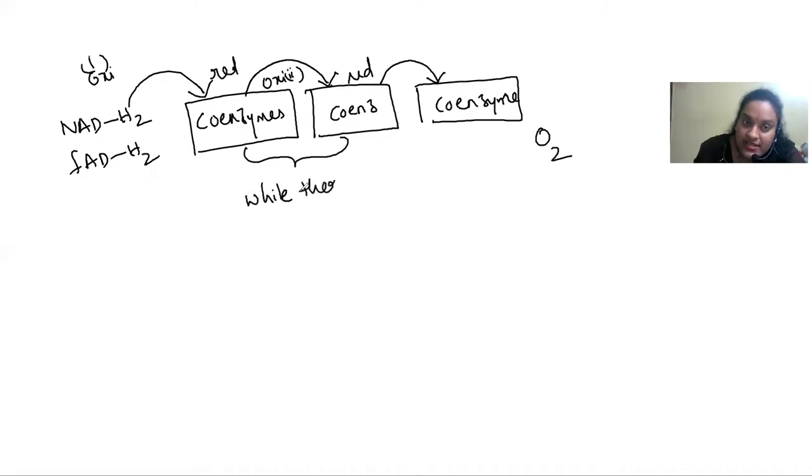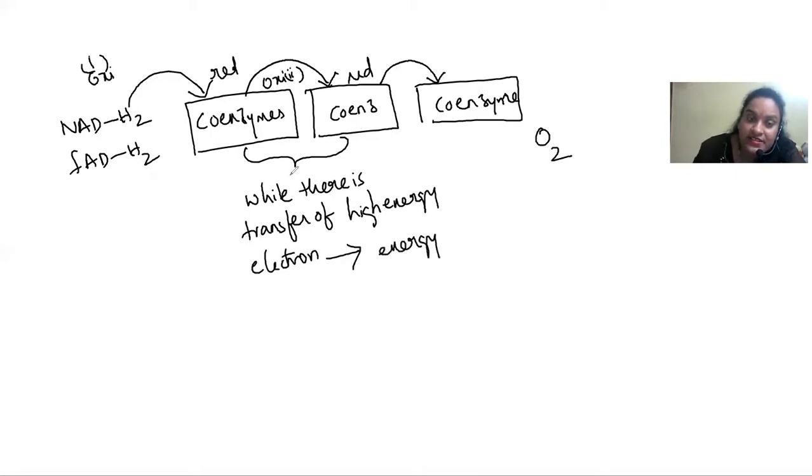While there is transfer of high energy electron from one coenzyme to the other, what is going to be released? Energy is going to be released. So this is going to result in the release of energy. This step is important for us.